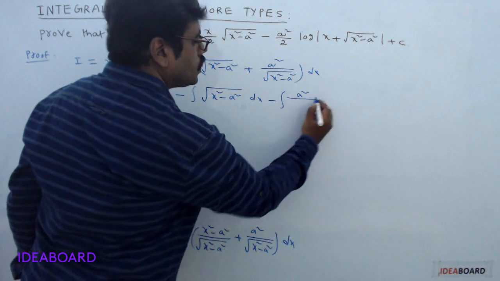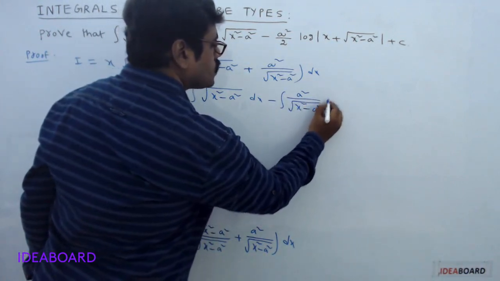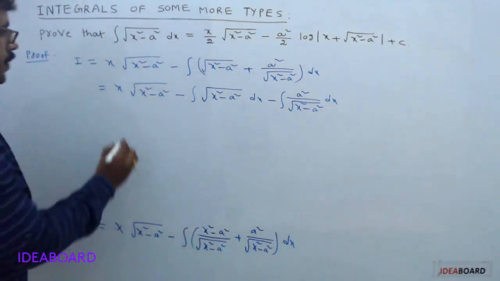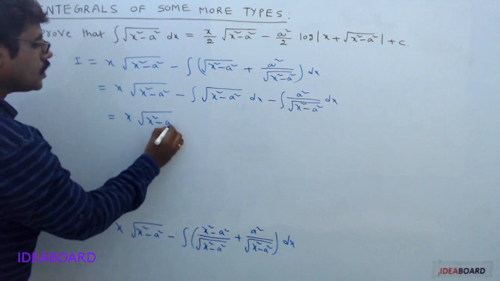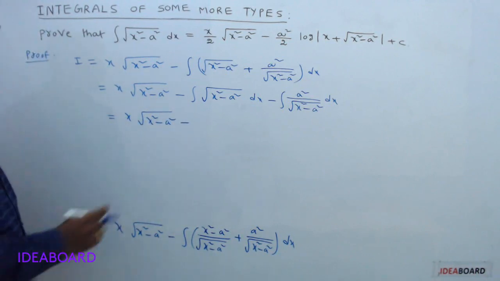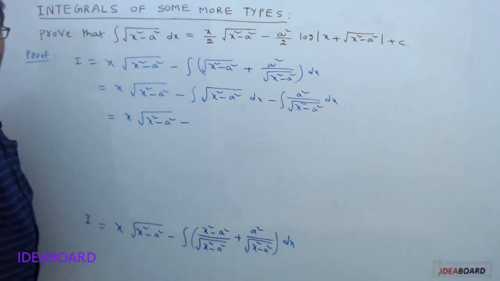So minus integral a square divided by root of x square minus a square dx. Now this is x into square root of x square minus a square minus integral square root of x square minus a square dx.